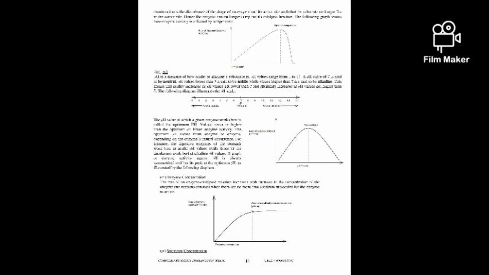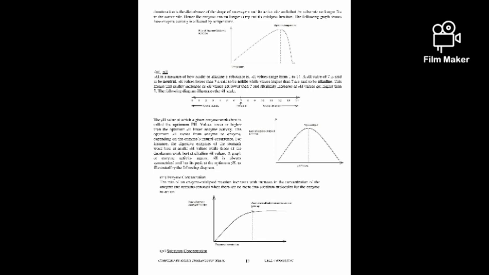So we understand that when it reaches that particular temperature, then for the rest of the reaction there will be what we call denaturation. After the optimum temperature, the enzyme becomes denatured and loses its catalytic function. Meaning that its ability to catalyze a substrate will be lost because it has denatured.